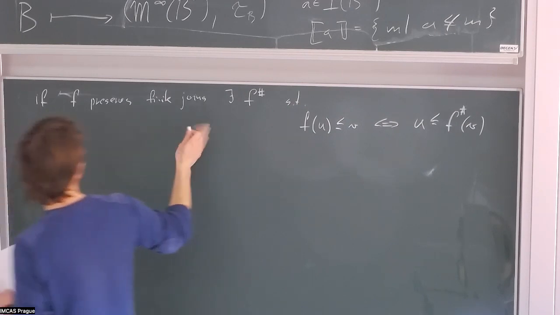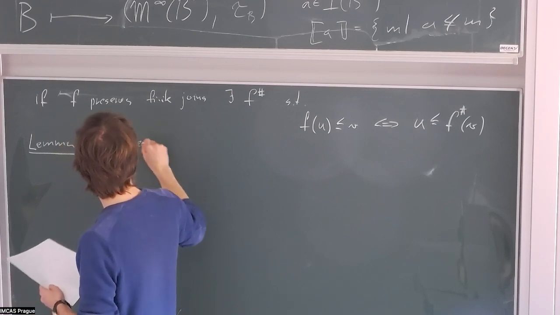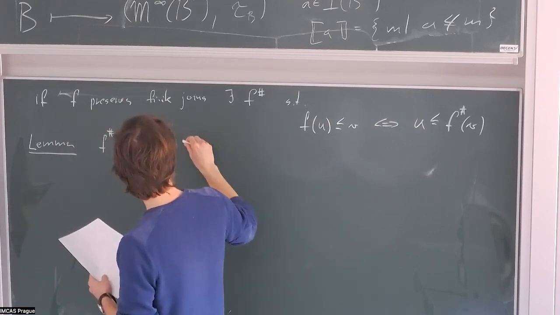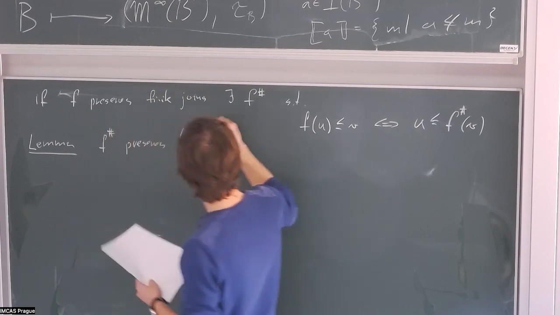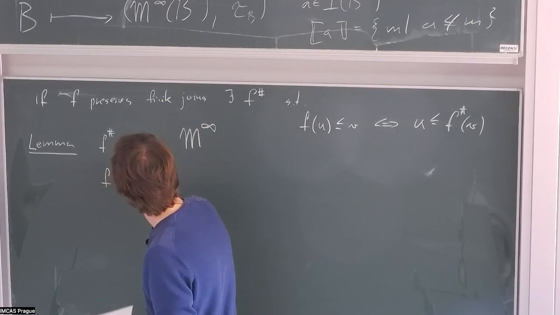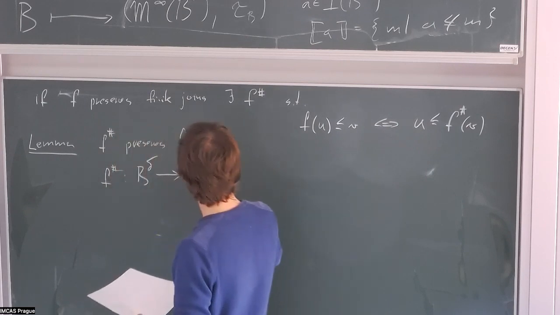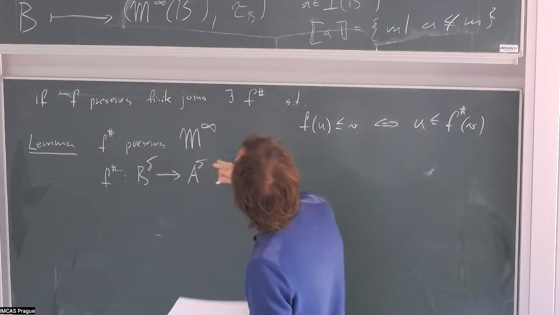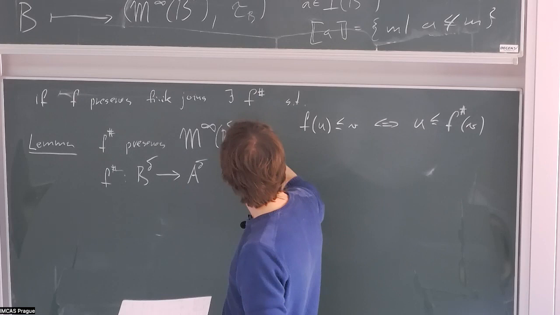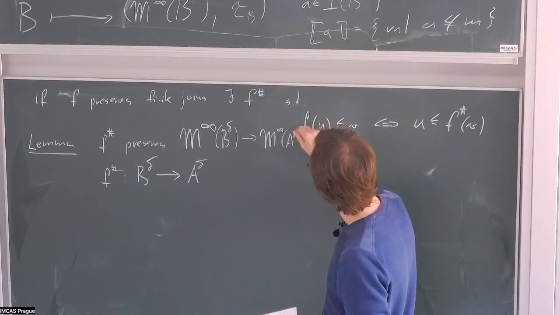And in this case, F sharp preserves completely meet irreducible elements. That's this M infinity. So F sharp is of this type, right? So it goes backwards. So it's from B delta to A delta, but actually, because it preserves these elements, that means it restricts to B delta to M A delta.